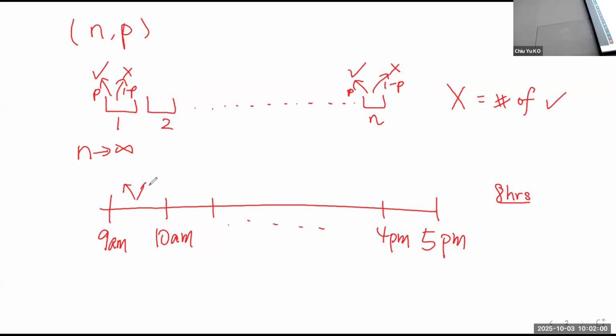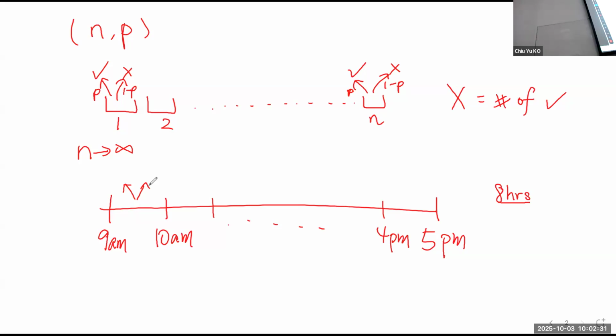If one customer comes in, success, because this restaurant is rarely visited. And there will be probability p that one guy comes in for each 1 hour interval. That means this is a binomial distribution with n equal to 8, right? So maybe you can imagine p is half: half of the time you have a customer, half of the time you don't, every hour. So that would be a binomial.